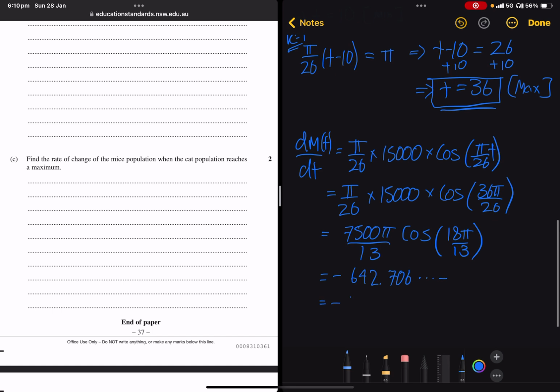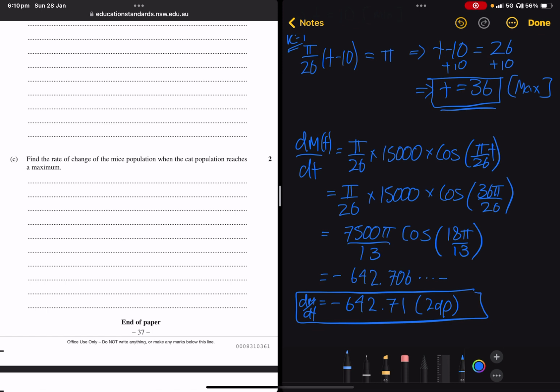This is about minus 642.71 to 2 decimal places. And this is dM/dt evaluated when the cat population is at a maximum.